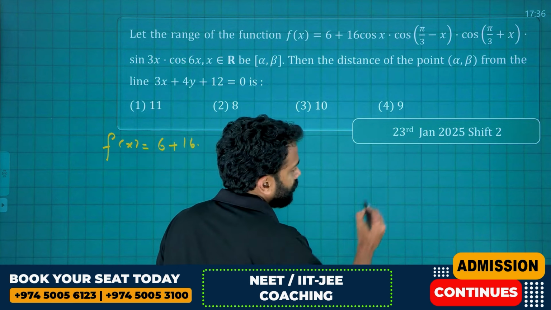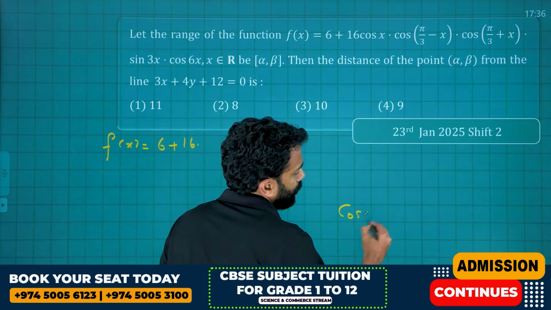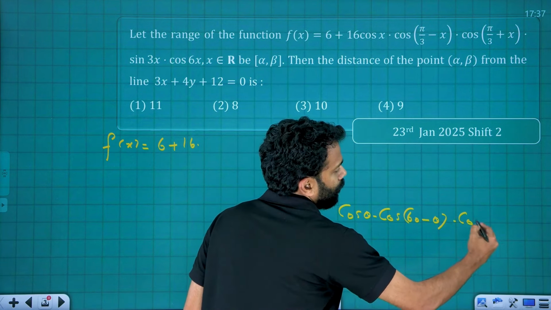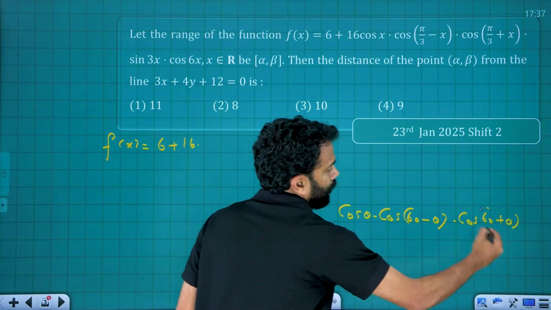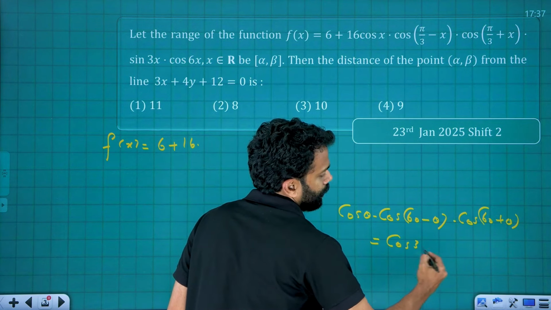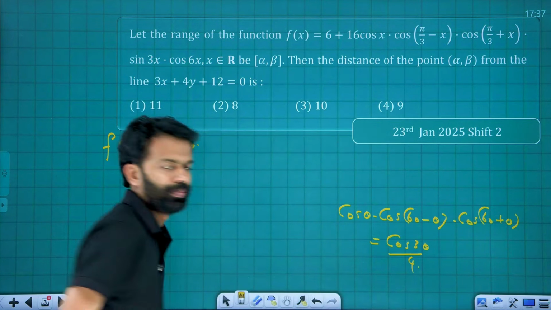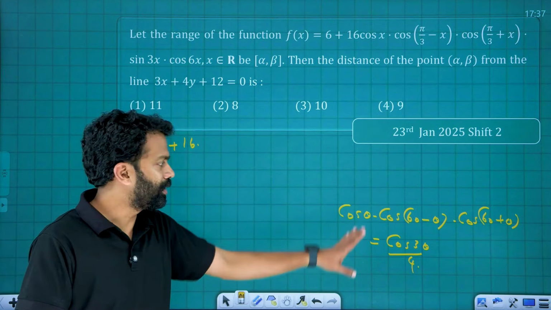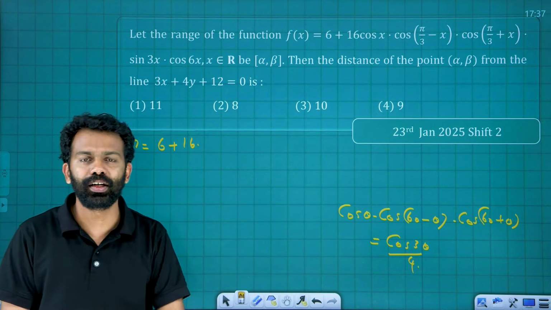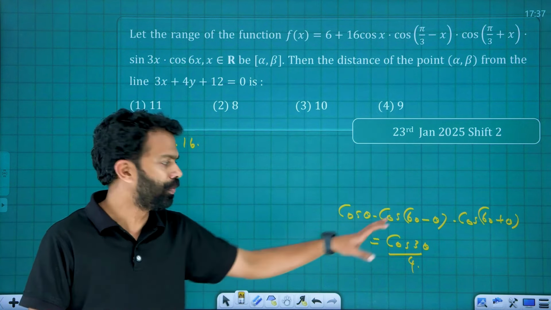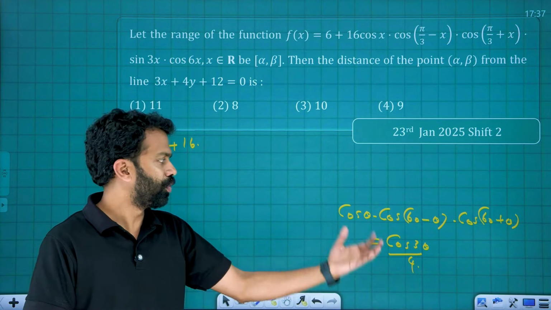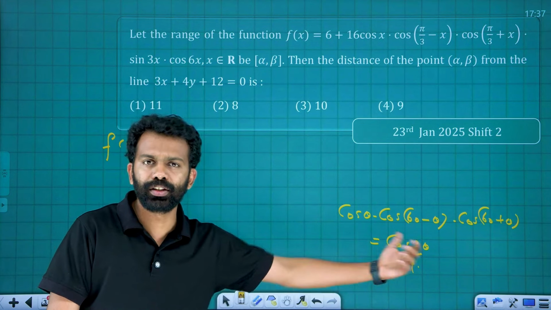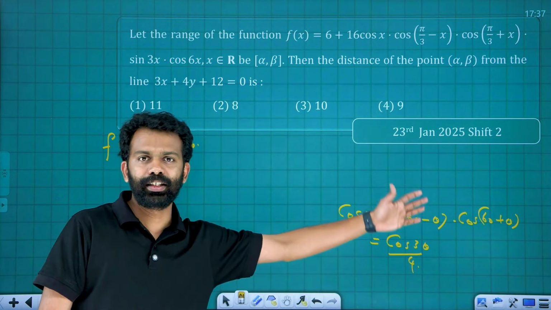The formula is cos theta into cos(60 minus theta) into cos(60 plus theta) is equal to cos 3 theta divided by 4. That's a standard formula. The same formula goes for sine also: sin theta into sin(60 minus theta) into sin(60 plus theta) is equal to sin 3 theta by 4. And for tan, it will be tan theta into tan(60 minus theta) into tan(60 plus theta) is equal to just tan 3 theta only.